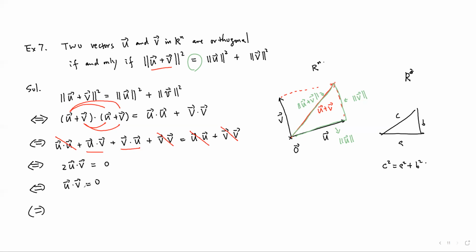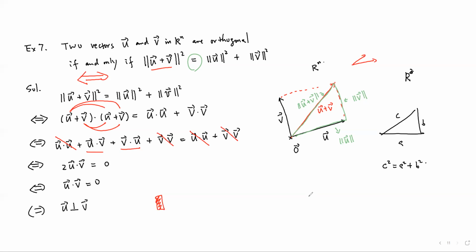Whenever the inner product is 0, we consider the two vectors orthogonal. U is orthogonal to V. So we proved this: the equation is true if and only if U is orthogonal to V. When vectors U and V are not orthogonal, this triangle is not a right triangle.